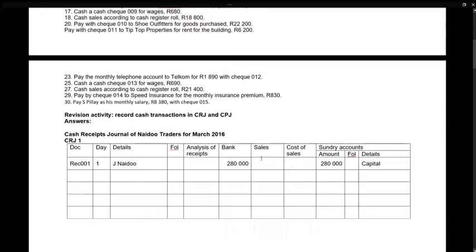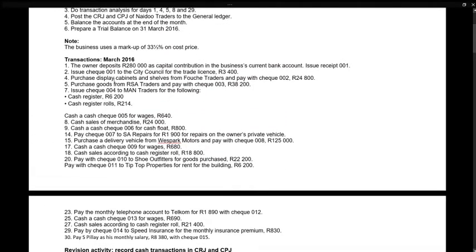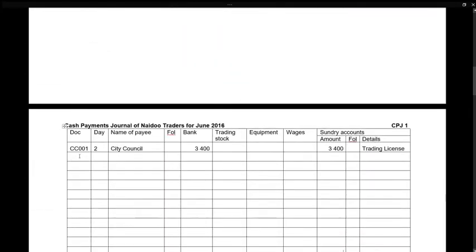Right, next transaction. The next transaction took place on the 4th. Purchase display cabinets and shelves from Fouchier Traders and pay with check 002, 24,800 Rand. So check counterfoil 002 took place on the 4th.